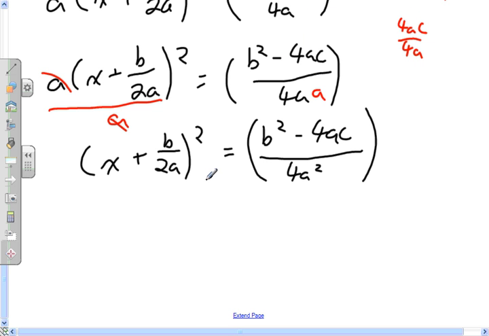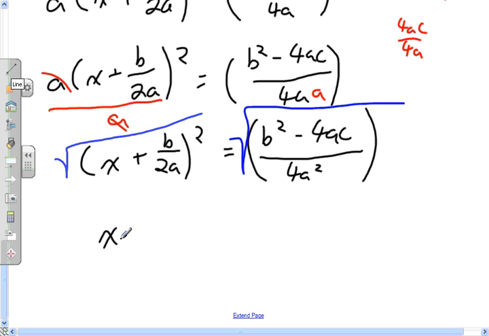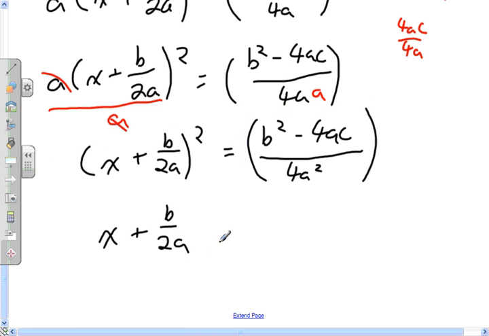So I need to isolate x, which means I've got to get rid of this squared sign. So I'm going to square root both sides of the equation. So this will now become x plus b over 2a. Okay, square root is gone. And when I go to square root this, I get the square root of b squared minus 4ac, and I can square root the bottom.